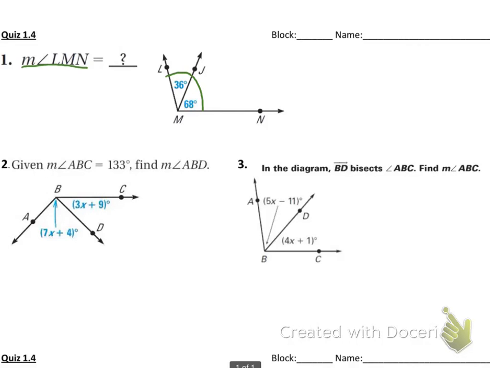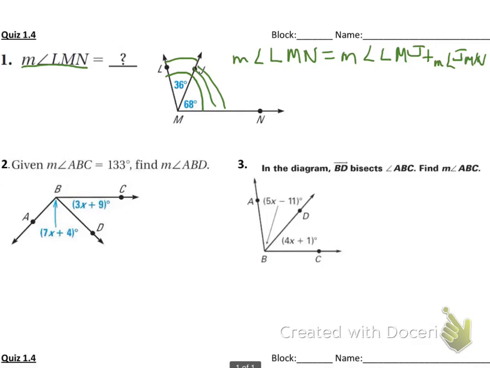So it looks like the measure of angle LMN is made up of two smaller angles. This angle here, the measure of angle LMJ, plus this angle here, the measure of angle JMN.